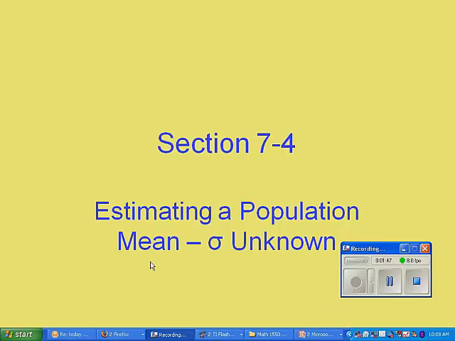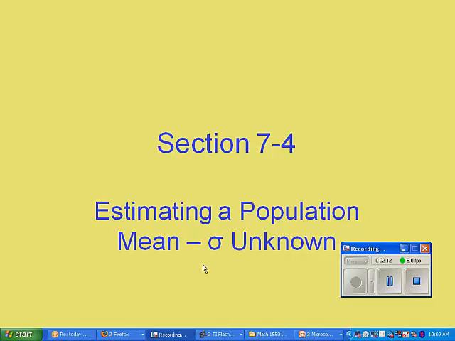How could you possibly know the standard deviation of the population if you don't know the mean of the population? Don't you need that in the formula to compute the standard deviation? So it's very unrealistic that would ever happen. That's why I don't mind skipping it.